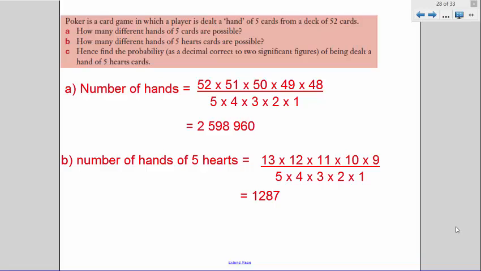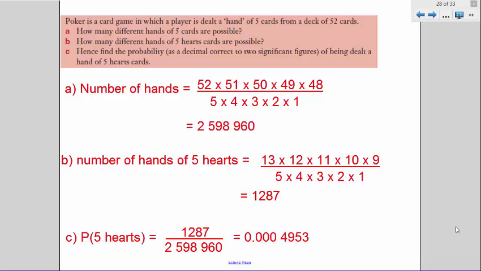Hence, find the probability as a decimal correct to two significant figures of being dealt a hand of 5 hearts. The probability of 5 hearts, we know, is 1,287 over the total number of hands, which is 2,598,960. Putting this into our calculator, we get the decimal 0.0004953.